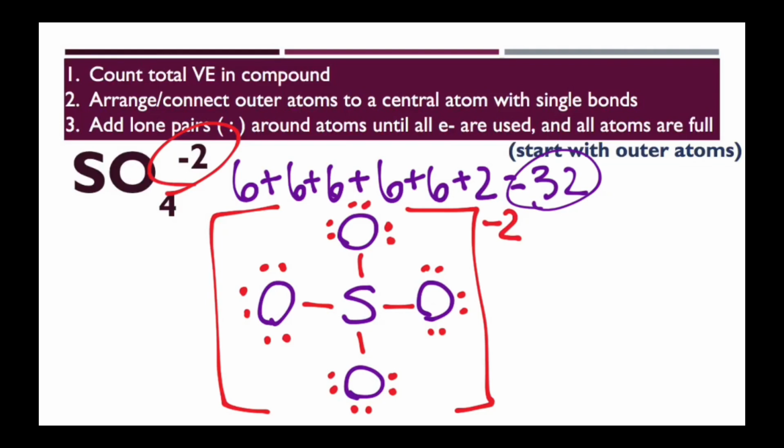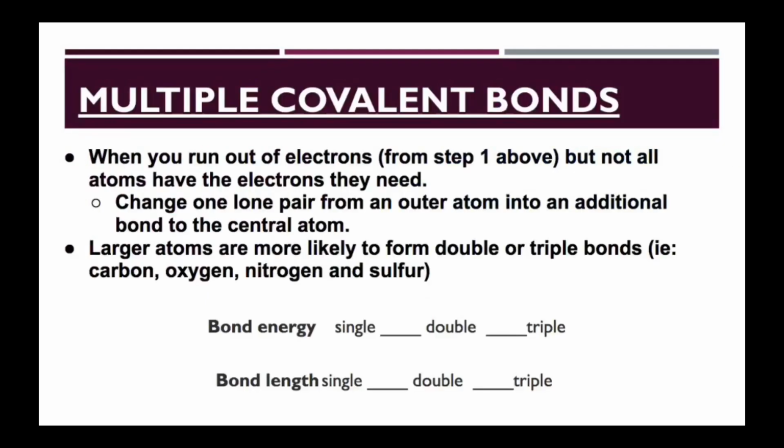So what if this doesn't work out perfectly? What if I ran out of electrons before all of the atoms have what they need? It could happen. Well, what we're going to do is force the electrons to share more. It says to make an additional bond to the central atom.